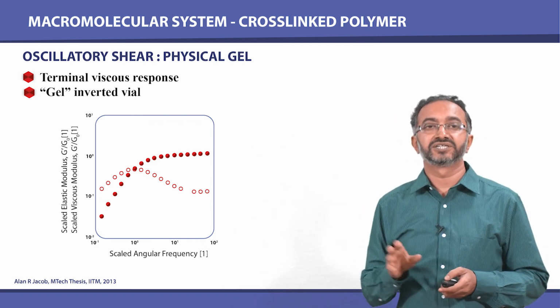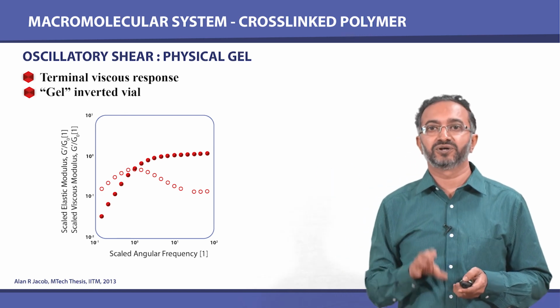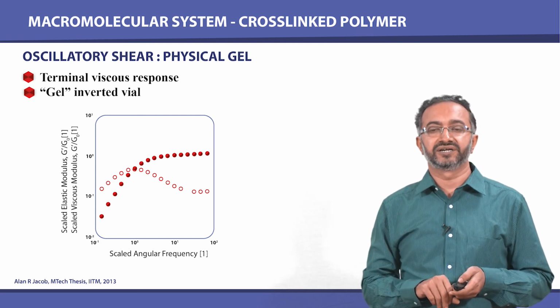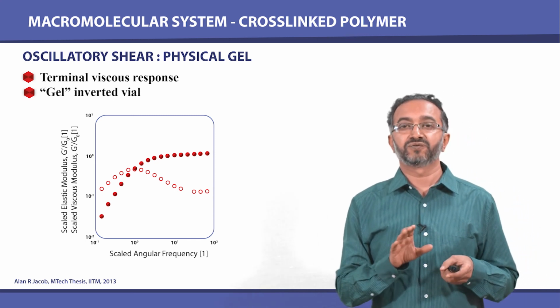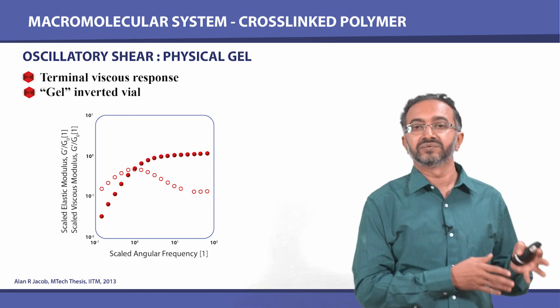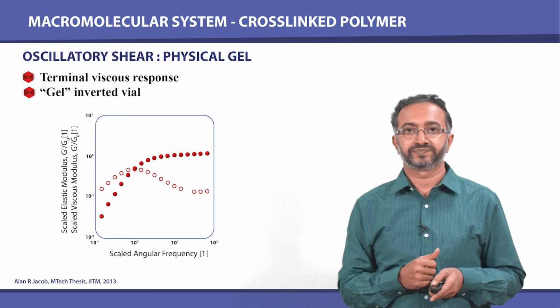But this is only a physical gel, in the sense that it shows gel-like response only under limited frequency conditions, while it has a terminal viscous response. Therefore, the cross-links are not permanent enough to show even rubber-like response at exceedingly low frequencies.